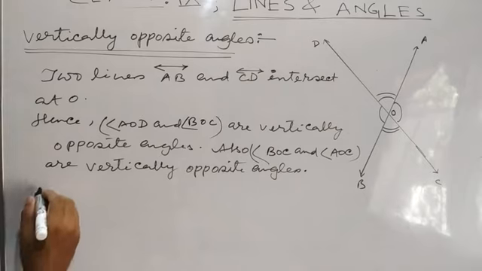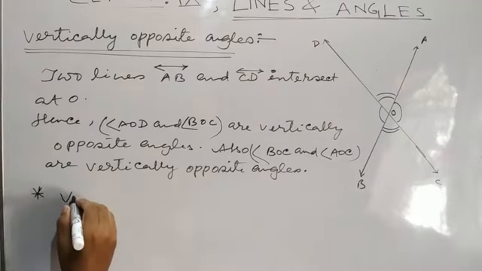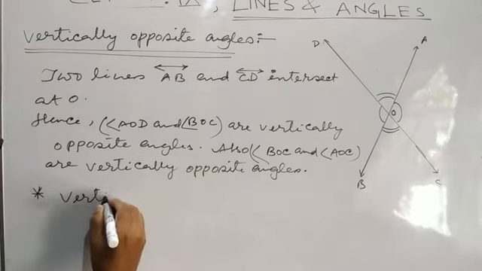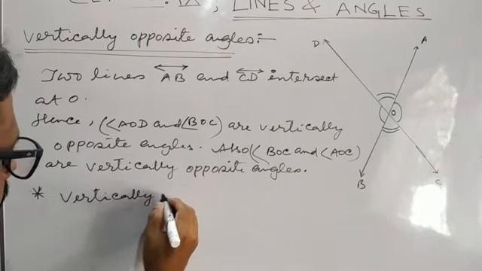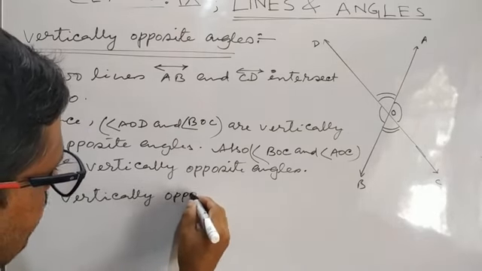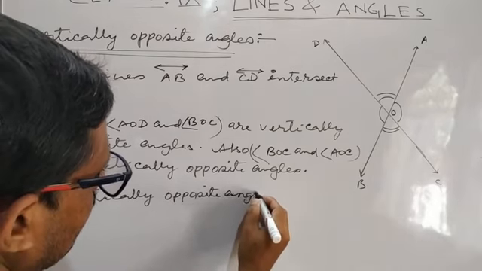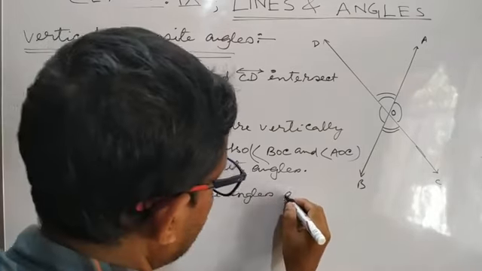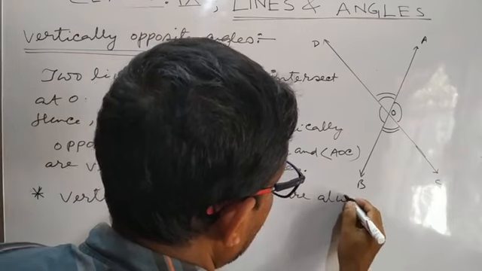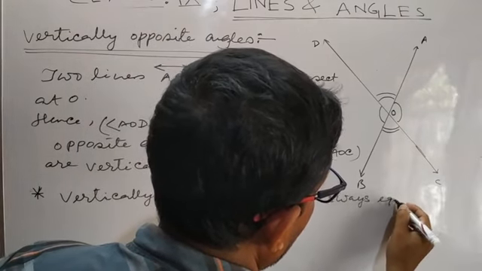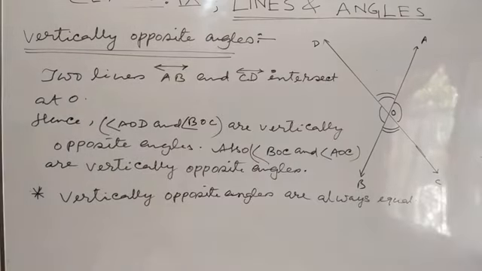And one thing to remember: vertically opposite angles are always equal.